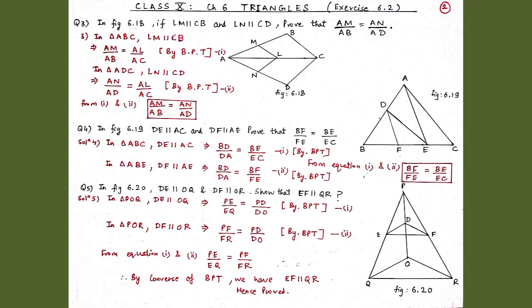So again, by BPT, we can write it as PF upon FR is equal to PD upon DO. And now from equation 1 and 2, we can write it as PE upon EQ is equal to PF upon FR. Now since the ratio of the corresponding sides are the same, by converse of basic proportionality theorem, we get EF is parallel to QR, and hence proved.